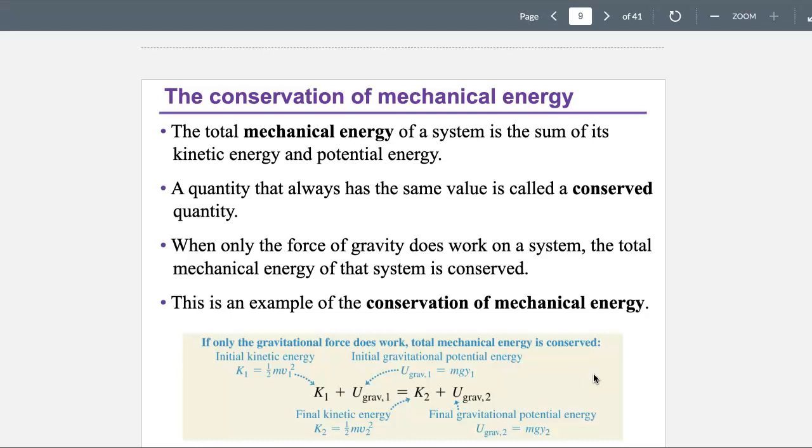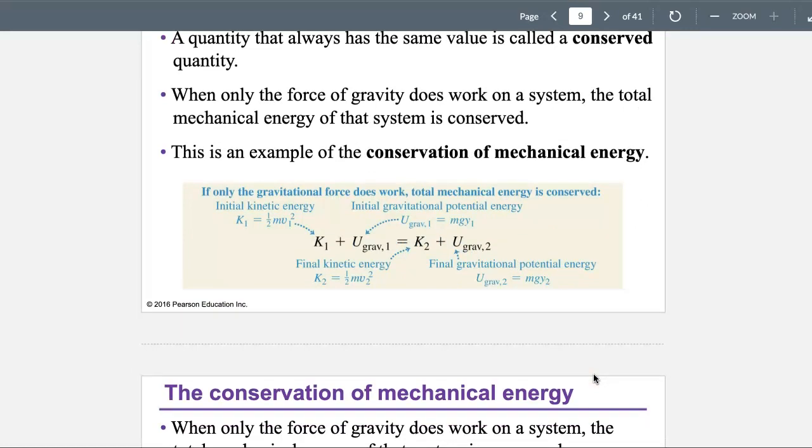Some of these quantities are going to have the same value at all points. When only the force of gravity does work on the system, the total mechanical energy of the system is going to be conserved. This is one of the ways of expressing conservation of mechanical energy.